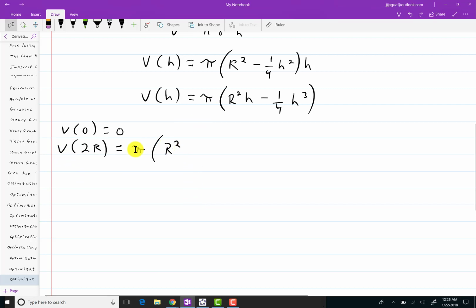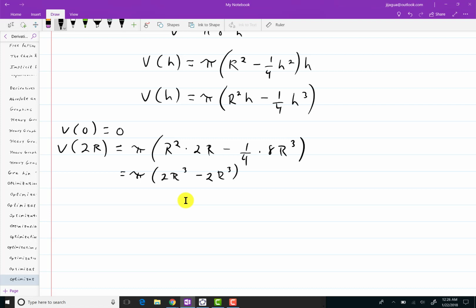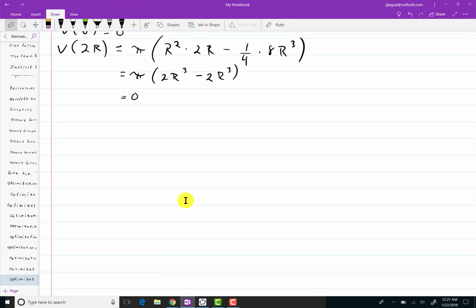So I'll have pi times R squared times, now when I take 2R and plug it in for h, 2 capital R minus 1/4, and then I'll have 2R, that quantity cubed, that'll be 8 capital R cubed. So I will get pi times 2 capital R cubed minus 2 capital R cubed. So that equals 0.